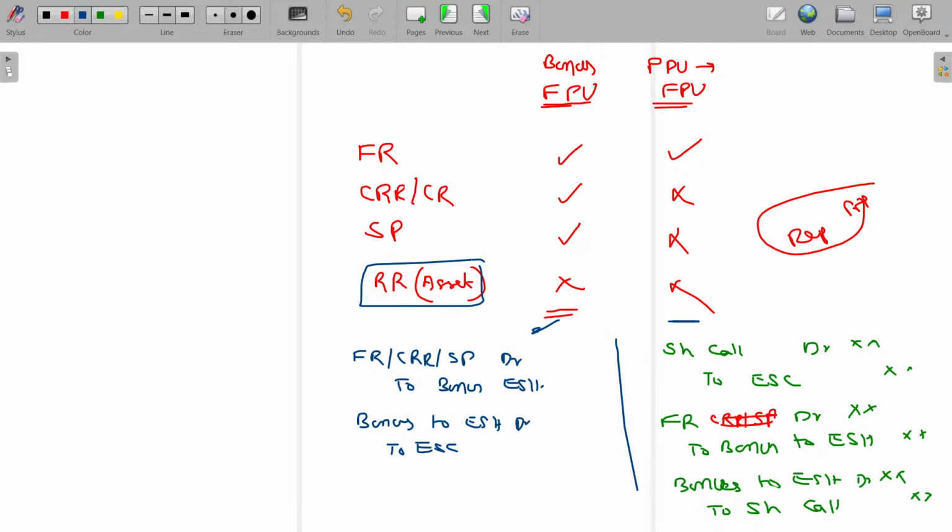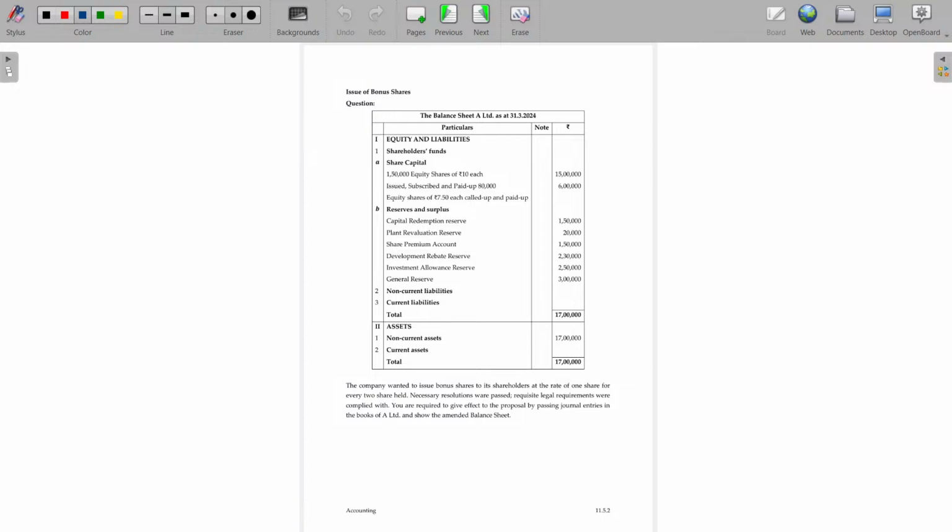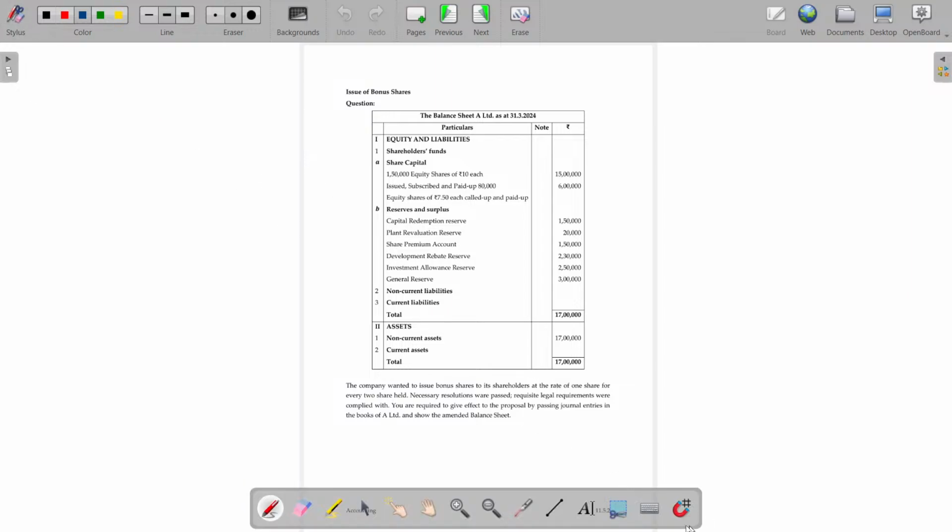Now, we'll start with the first illustration. Issue of bonus share.